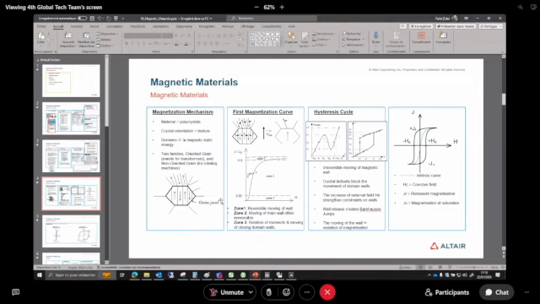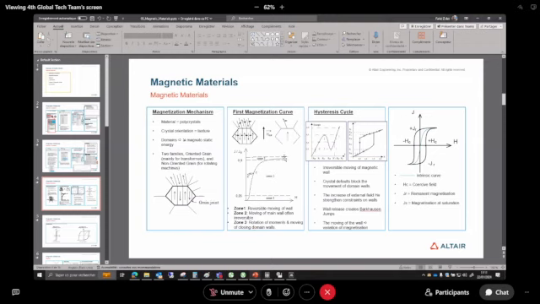By increasing the magnetic field, we increase the flux density and the magnetization, until all the domains are oriented in the same direction. Then we start to saturate the material. This is what we call the first magnetization curve. There is this first knee and this second knee.